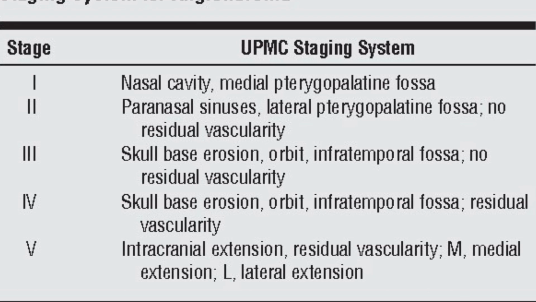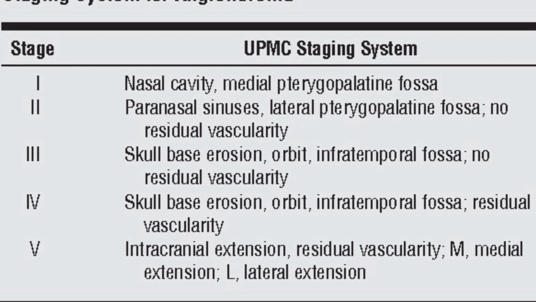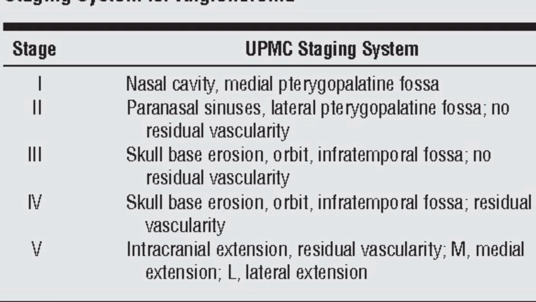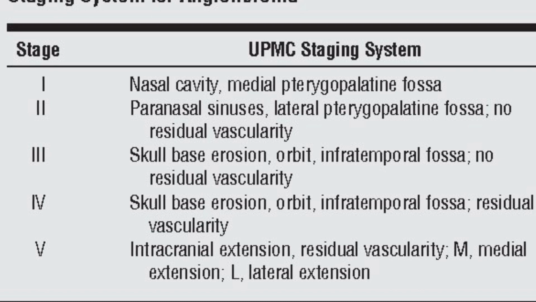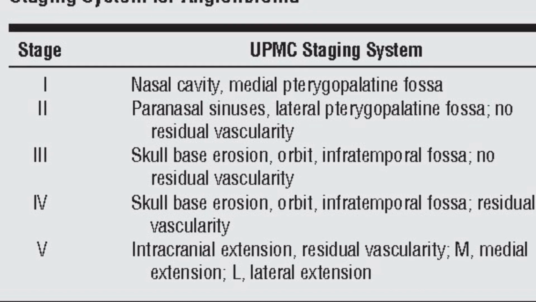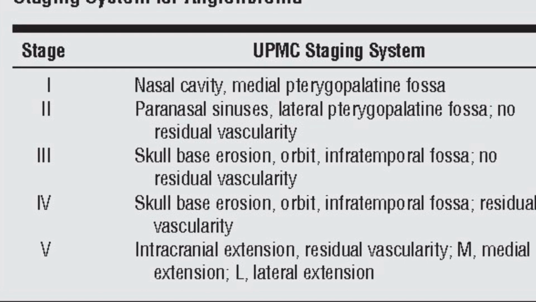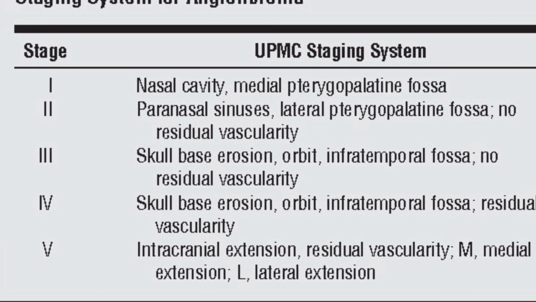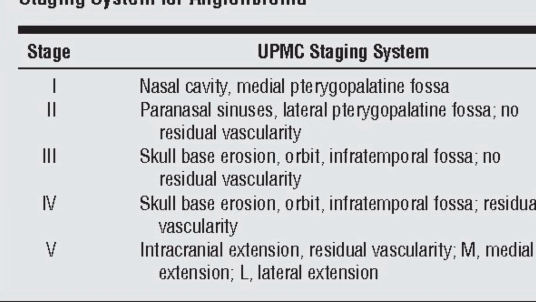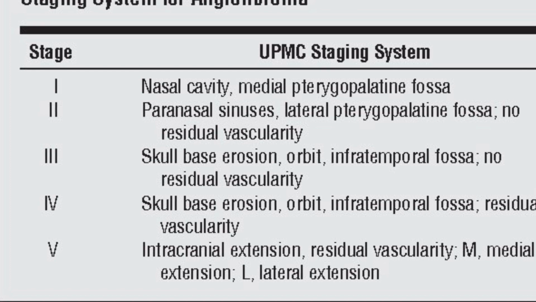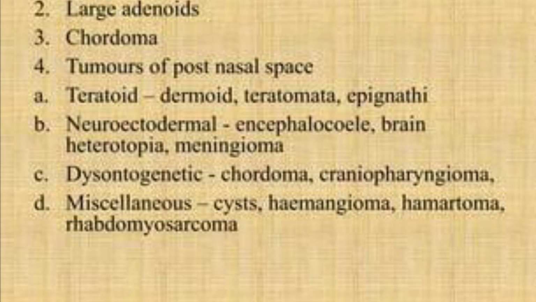Grade 4 is residue with skull base extension, and grade 5 is intracranial extension with residual vascularity coming mainly from the internal carotid artery. This staging is only useful at the embolization stage, when you do embolization of the patient preoperatively so that the tumor can be resected without much bleeding.